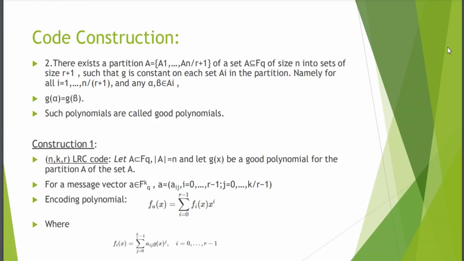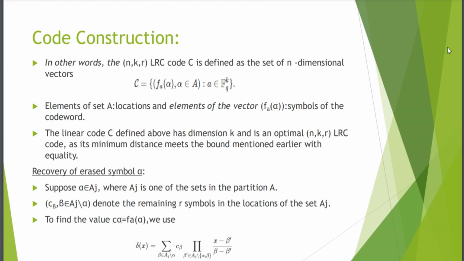The codeword for a is found as the evaluation vector of f_a at all points of A. In other words, the (n, k, r) LRC code C is defined as the set of n-dimensional vectors obtained by evaluating f_a on every element of A. Elements of set A are called locations and elements f_a(alpha) of the vector are called symbols of the codeword.